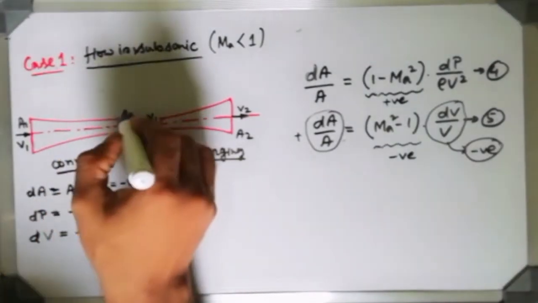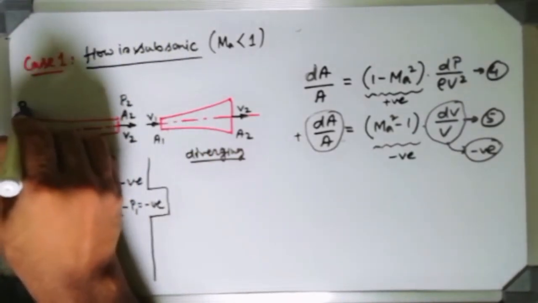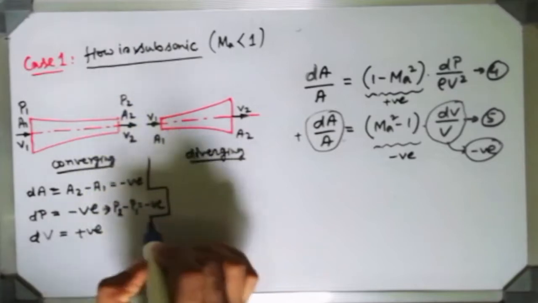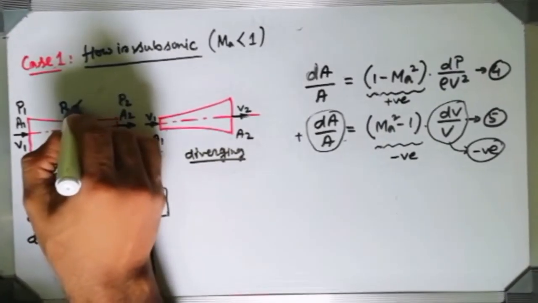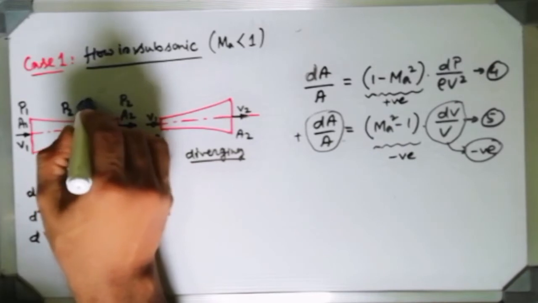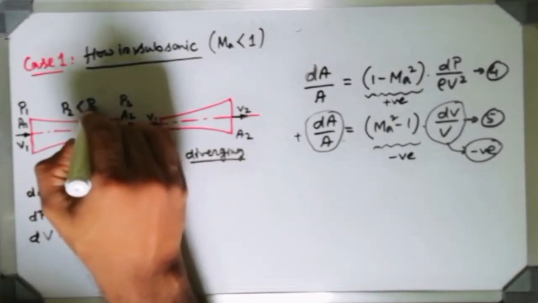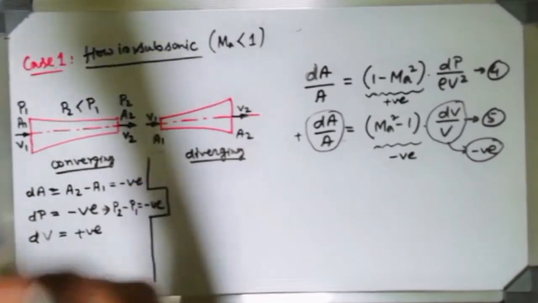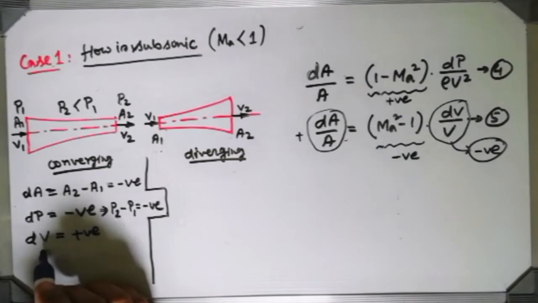In this section, if the pressure is P2, and in the earlier section the pressure is P1, then P2 is less than P1. That means pressure is getting dropped. While pressure is getting dropped, obviously velocity will increase. And see, the velocity change is positive.